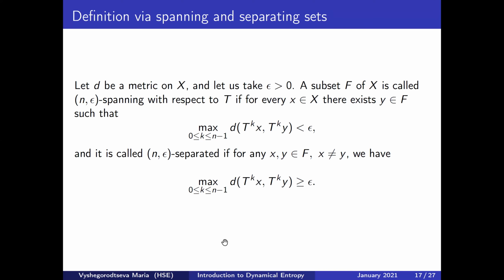So now I will define spanning and separating sets. First I will define what are separated and spanning subsets of X. So X is a metric space and d is a metric on it, and we take epsilon which is greater than 0, and in this case a subset F of X is called epsilon spanning with respect to T if for every x there exists y in F such that the maximal distance between T to the power of k x and T to the power of k y is less than epsilon.